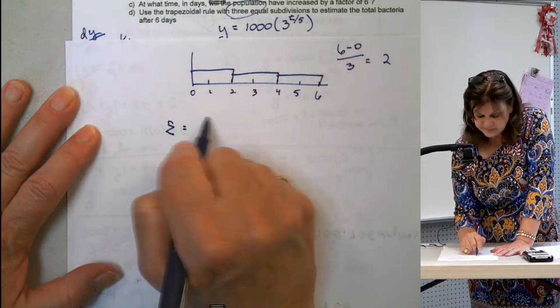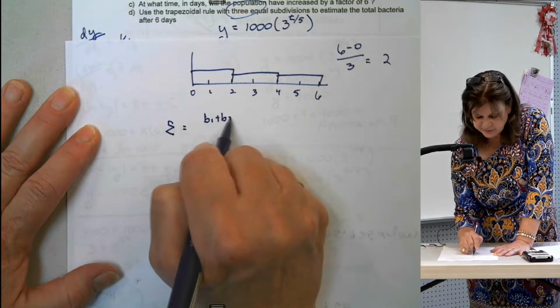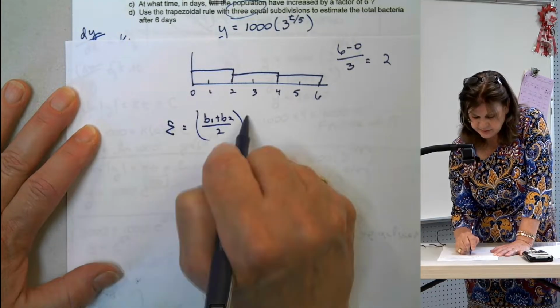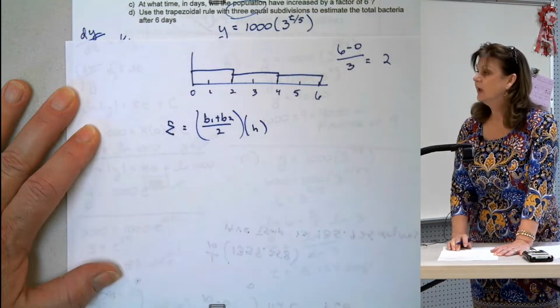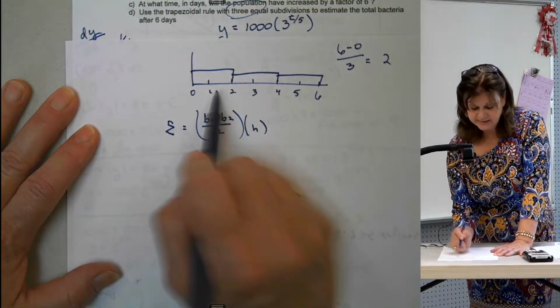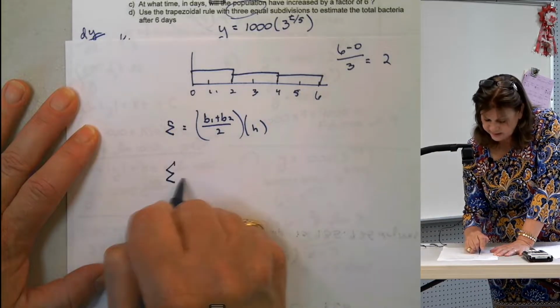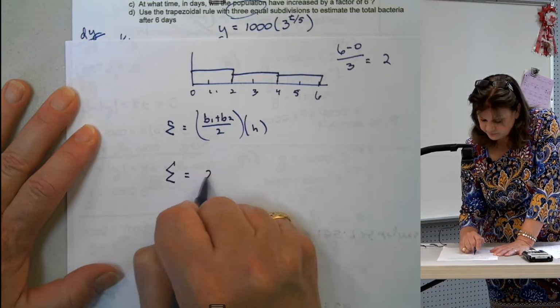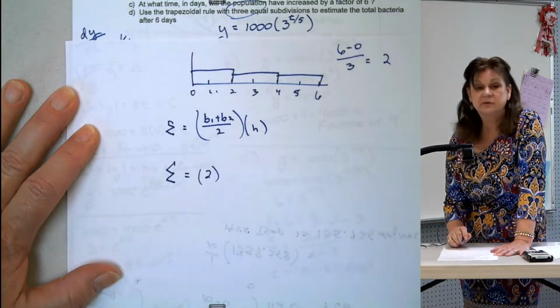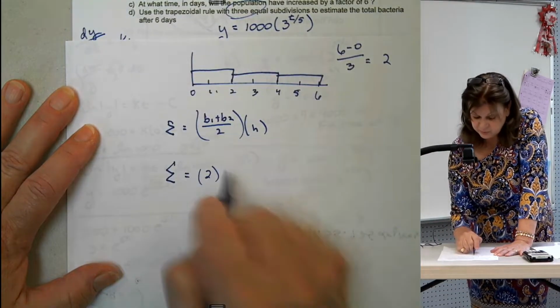Well, remember, it's base 1 plus base 2 divided by 2 times the height. And in this case, our height is consistent with all of these, so I can pull the height of each trapezoid to the front. Also, every trapezoid is going to be divided by 2, so I can pull the 1/2 to the front.